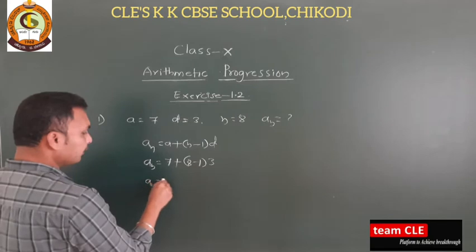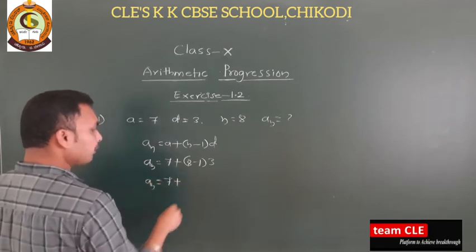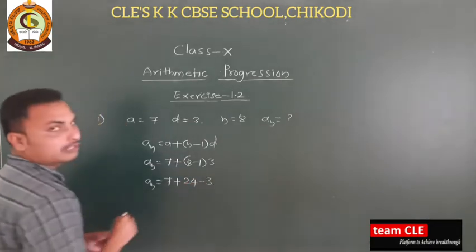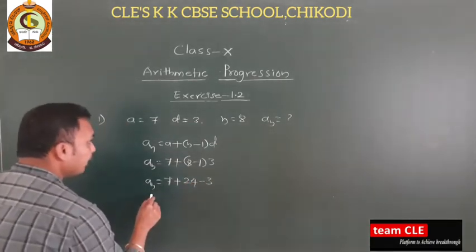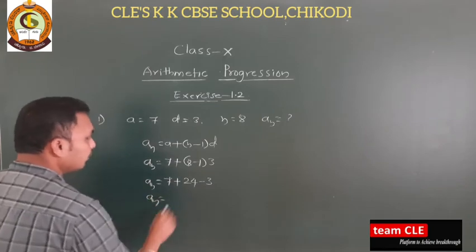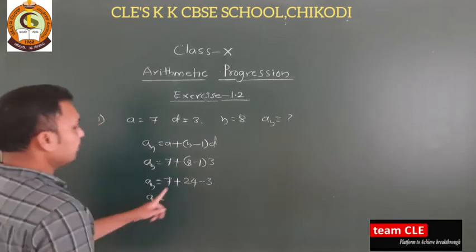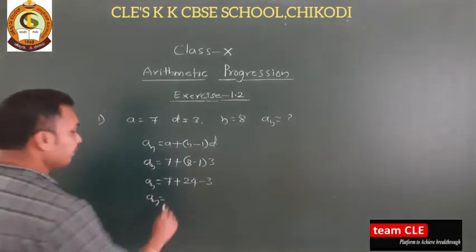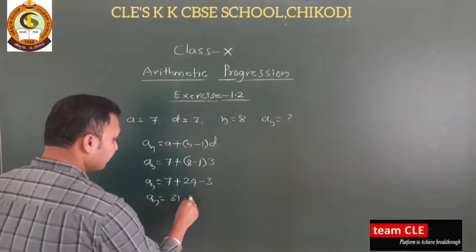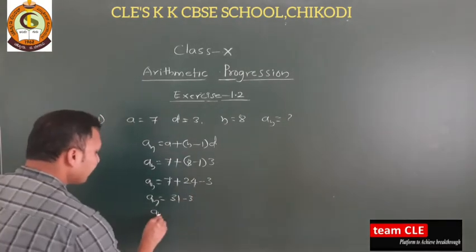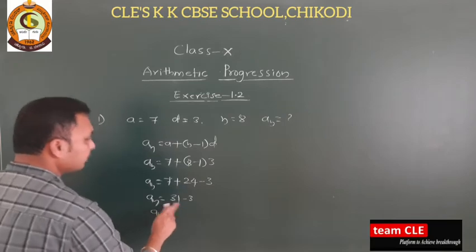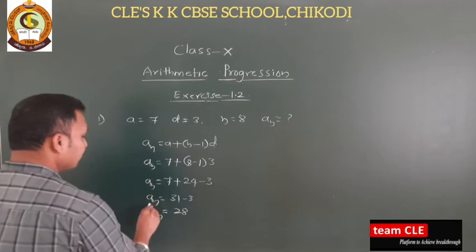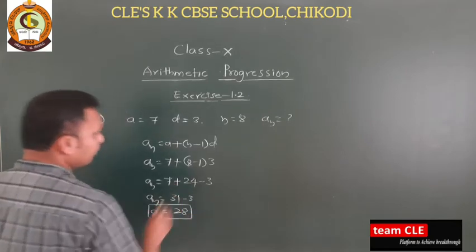Now An is equal to 7 plus 3 into 8, which is 24, minus 3. 7 plus 24 we have 31, and 31 minus 3 is 28. So An is equal to 28.